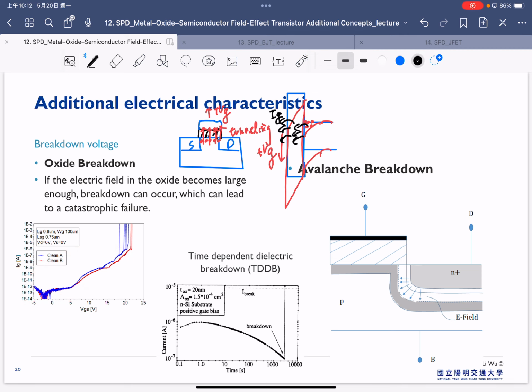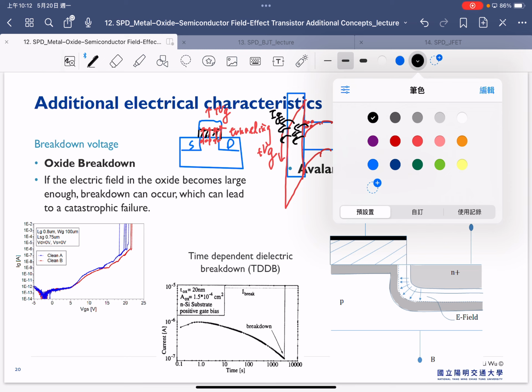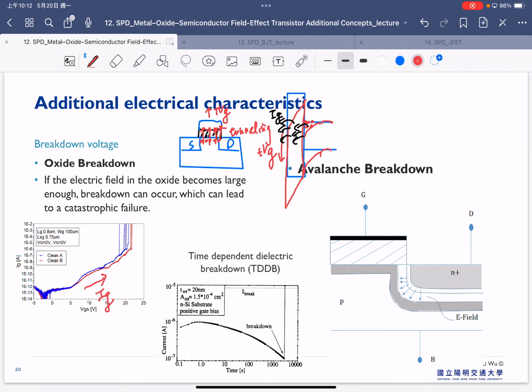And this gate current certainly depends on our gate bias. That means with higher gate bias we always have a higher gate current. And once it reaches a certain limit, you will start to see a sudden increase of the gate current. That's what we usually call dielectric breakdown.